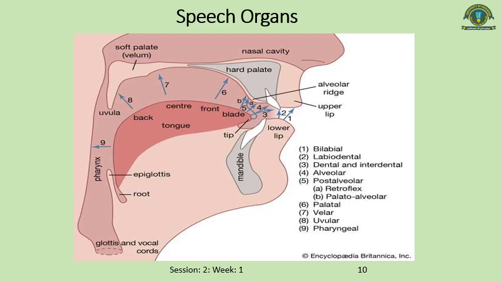What do you mean by all these names? We don't know. But it's very important to understand the diagram now. We start from the bottom, glottis and vocal cords. Do you remember Adam's apple? To understand voicing? Yes, exactly.